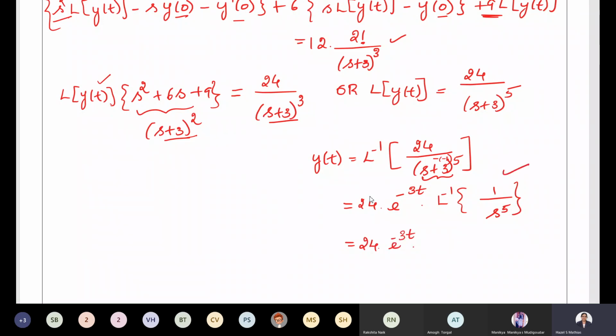What is L inverse of 1 by s power 5? What is L inverse of 1 by s power n plus 1? Forgot?